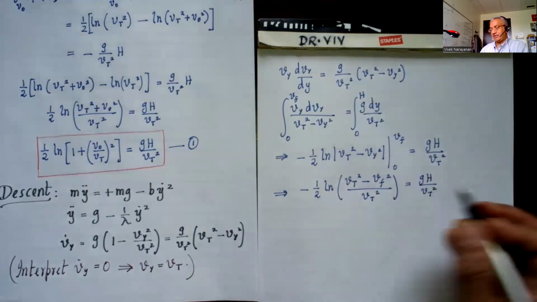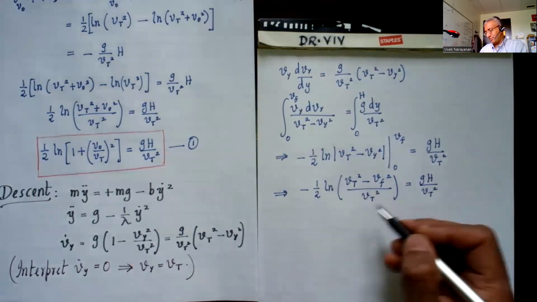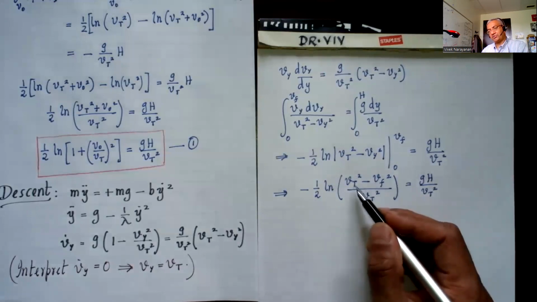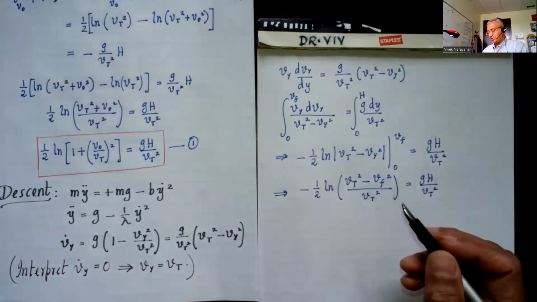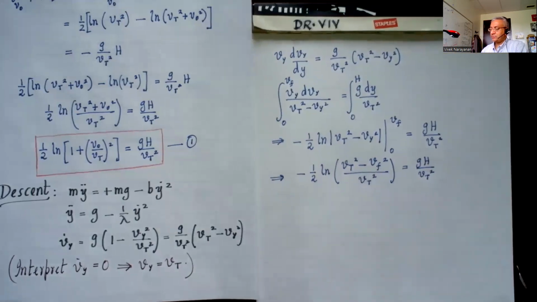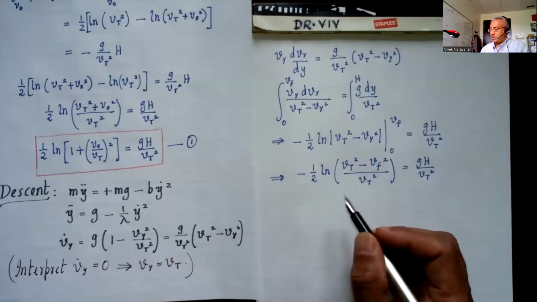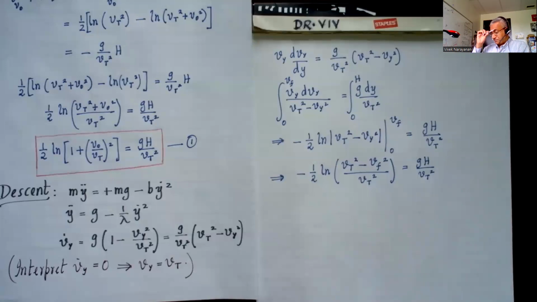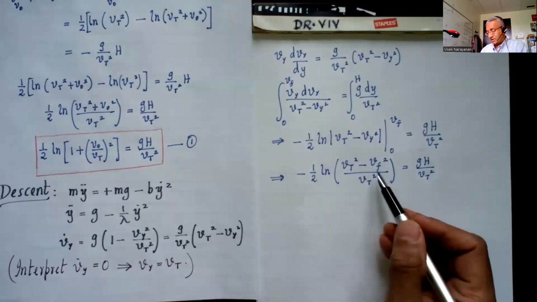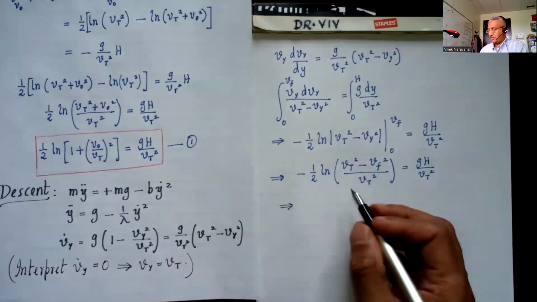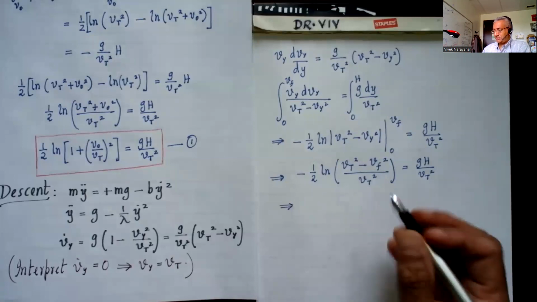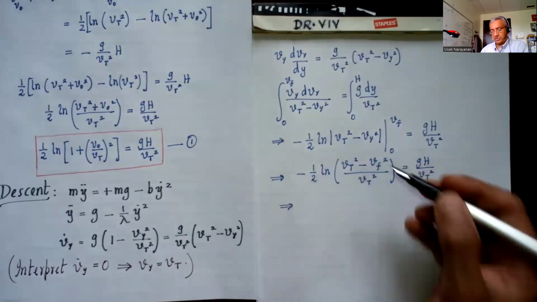I don't really have to be afraid about putting the absolute value bars, because like I said, vf is always less than the terminal speed, if not equal to it. So I'm almost here. What I can do is take this negative sign and make it flip, okay?